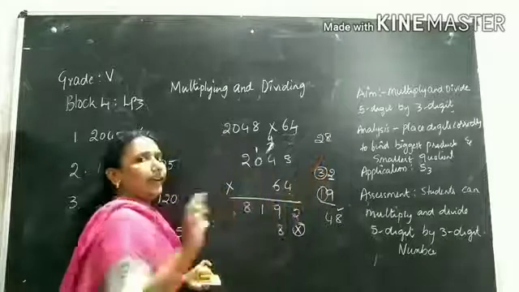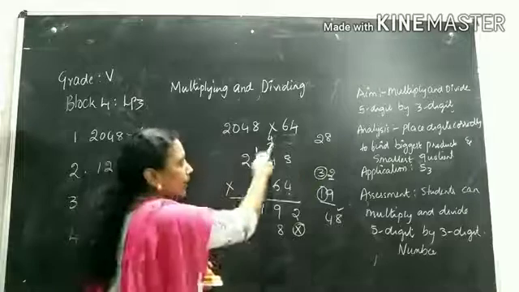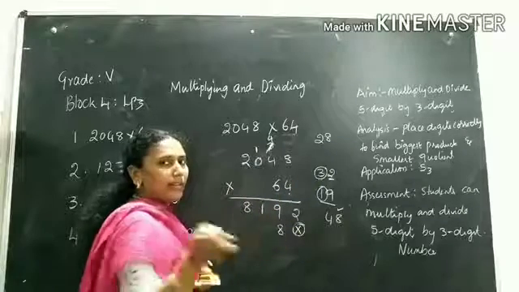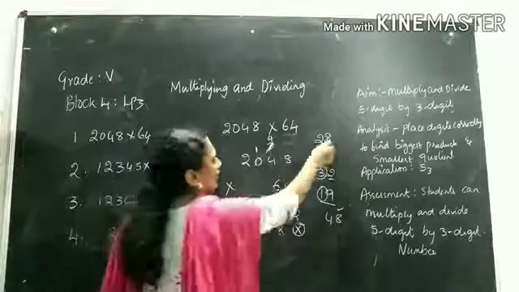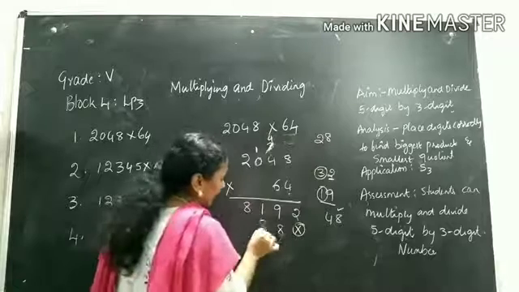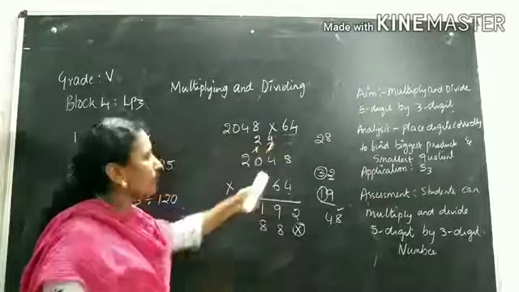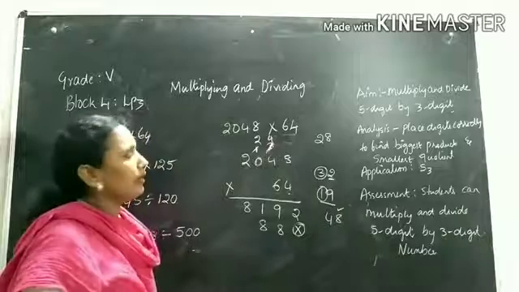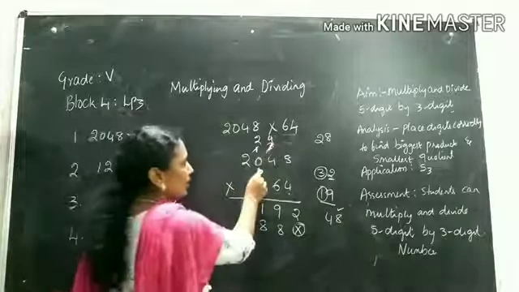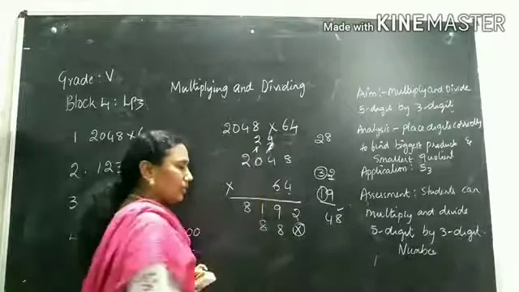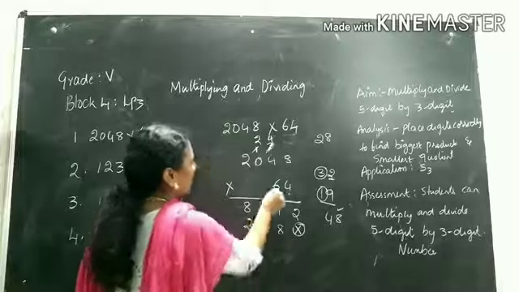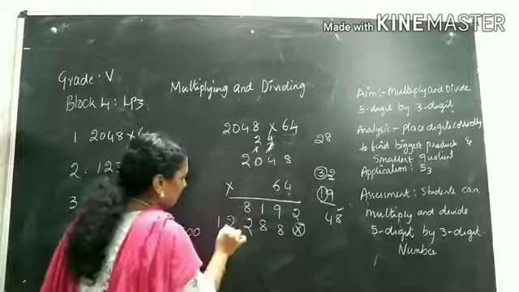I am not going to add 3 there, because I already added it when I multiplied the number with 4. Now I got 28. Yes, 8 here and 2 is carried to the next place value, that is the thousands place value. 6 zeros are 0, 0 plus 2, 2. Next, 6 twos are 12.